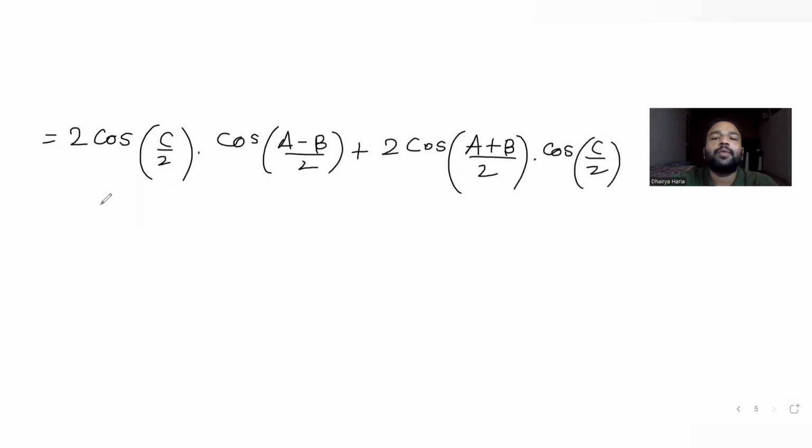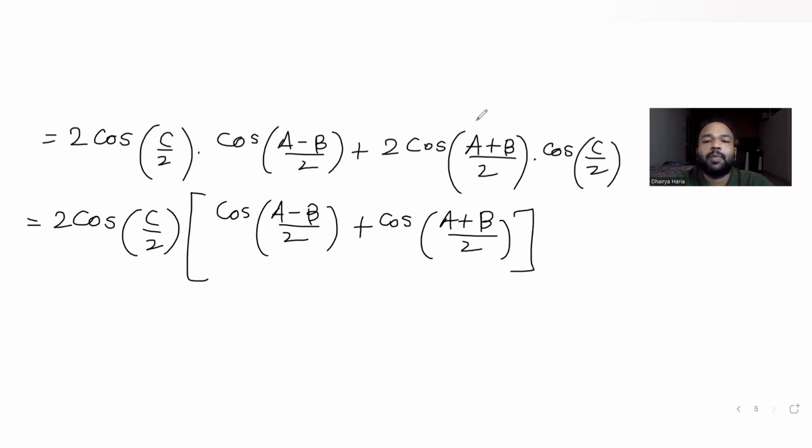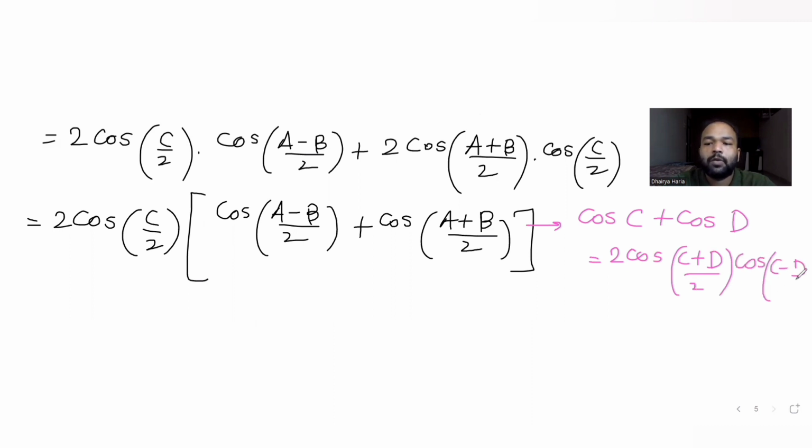So what I understand from this entire thing is 2 cos c by 2 is common. You are left with cos of (a minus b) by 2 plus cos of (a plus b) by 2. So if I apply that idea, I get cos c plus cos d in my factorization form. Once I have cos c plus cos d, I can write that as 2 cos (c plus d) by 2 into cos (c minus d) by 2.